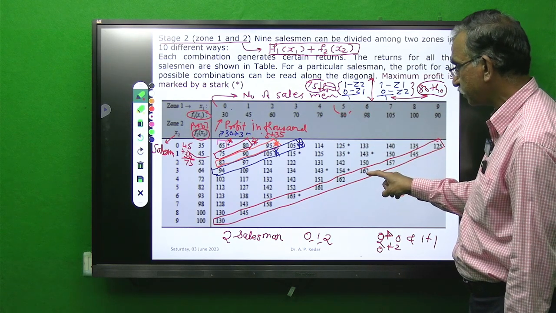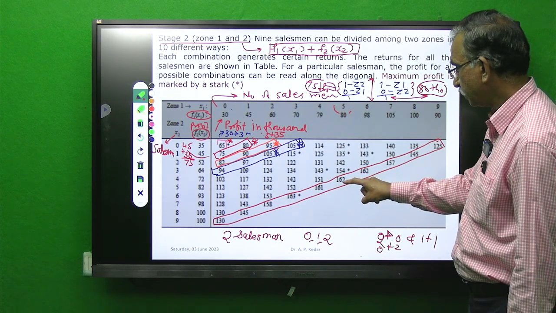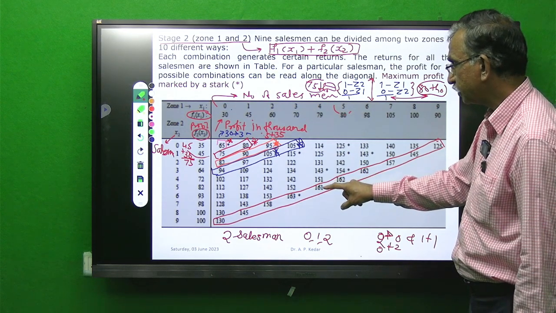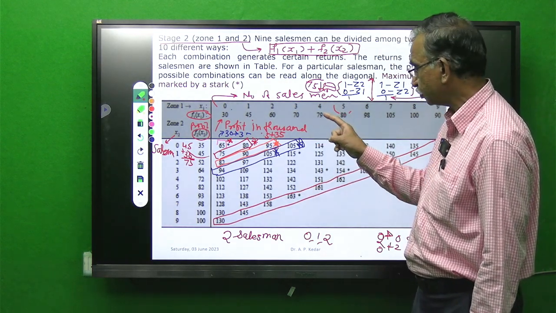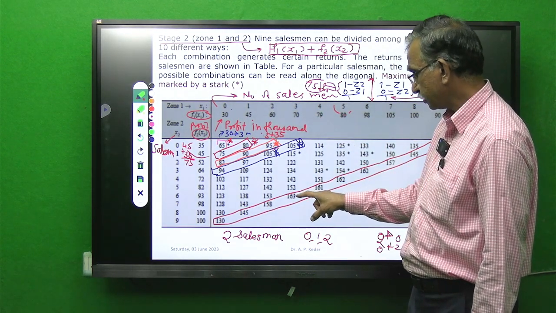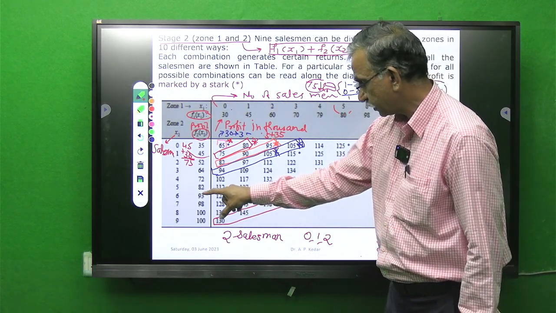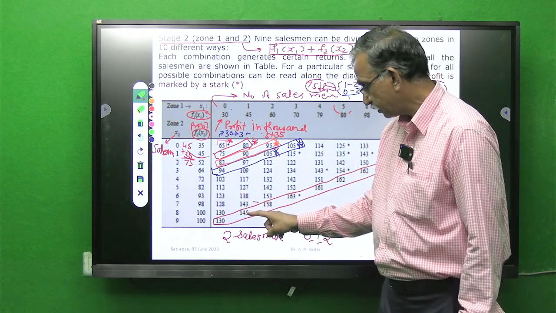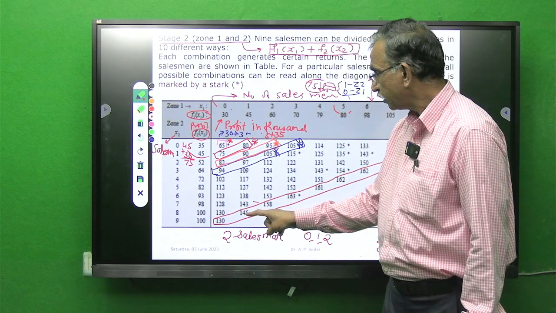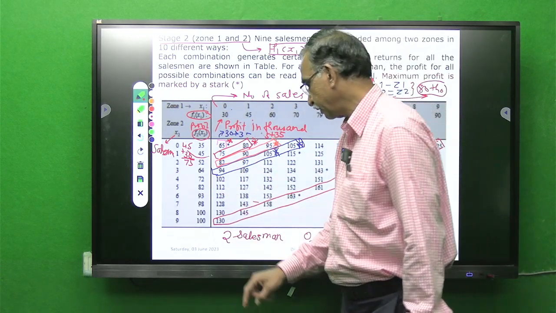This is 6 plus 3. This is 5 plus 4. This is 4 plus 5. I am talking of zone 1 and zone 2 combination. This is 3 plus 6. This is 2 plus 7. This is 1 plus 8, and last is 0 plus 9.